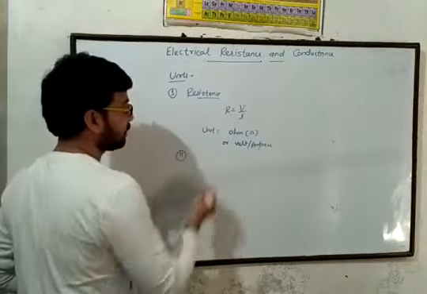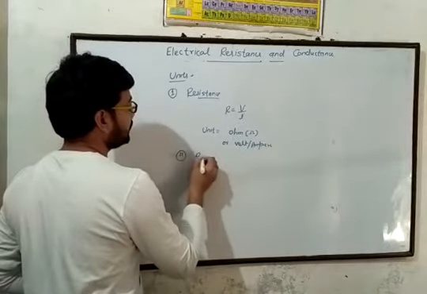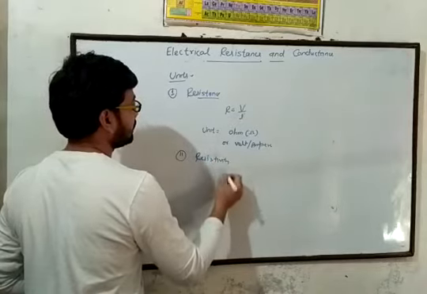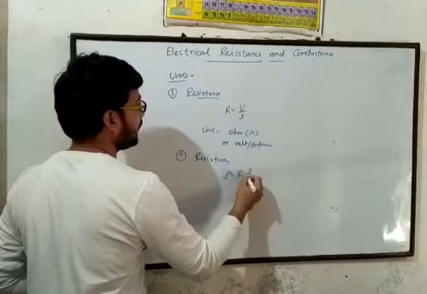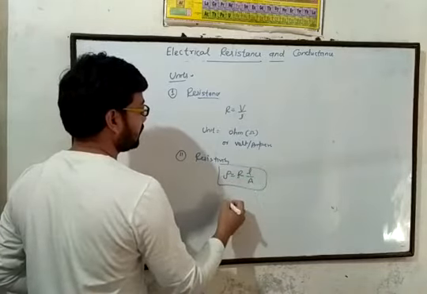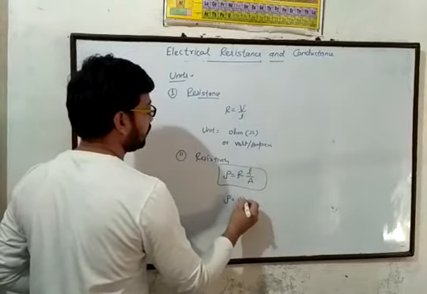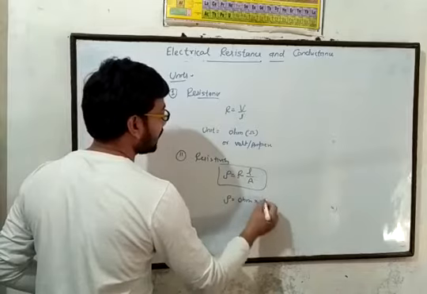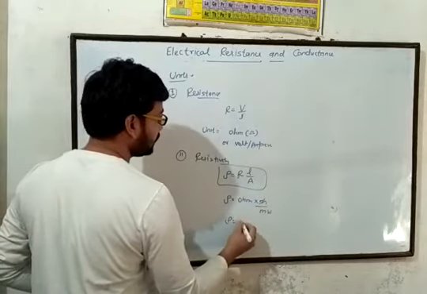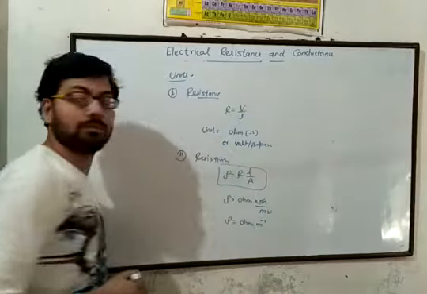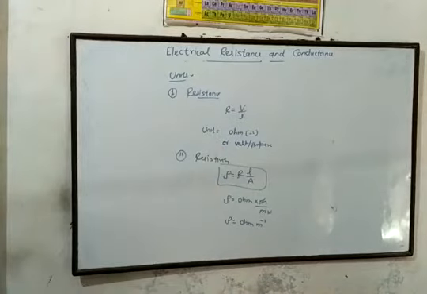Second, resistivity. Rho is equal to RL upon A. R is in ohm, L in meter, A in meter square. Cancel out. Then rho is equal to ohm meter inverse.